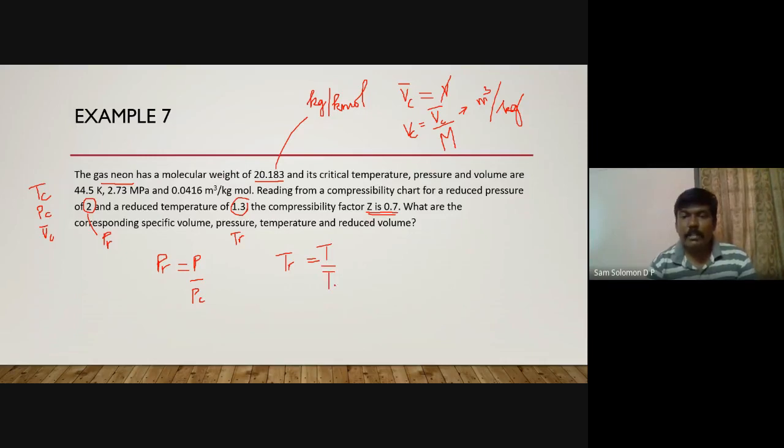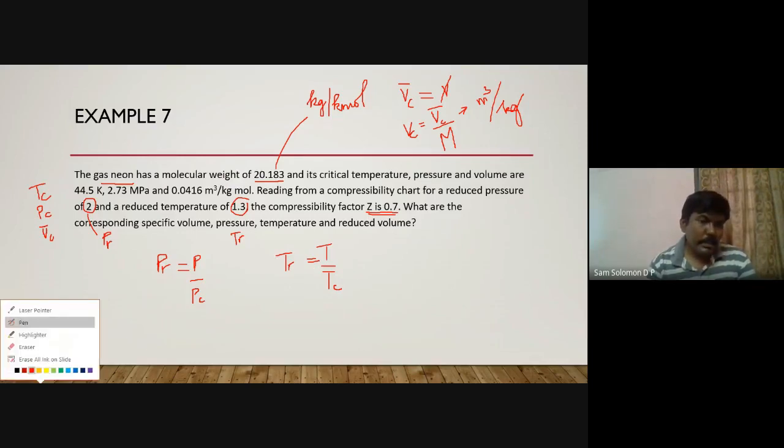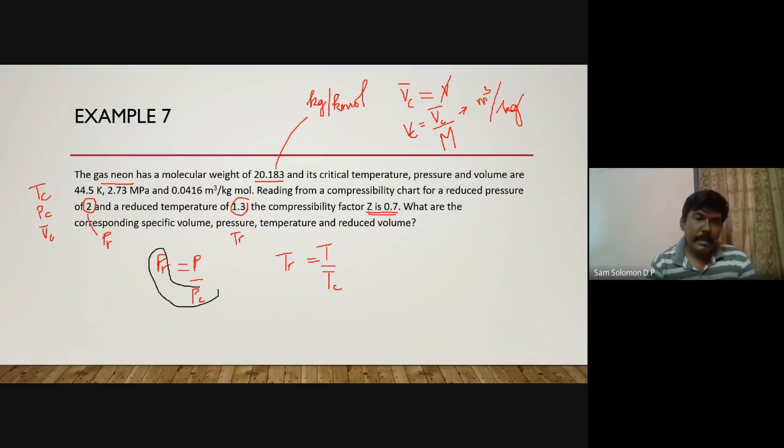And now they want us to find the value of T and P. So it is simply cross multiplying: P equal to P_R into P_C, T equal to T_R into T_C. Okay, so it is quite simple. You have to multiply P_R and P_C, and T_R and T_C. That will give you the values of pressure and temperature.